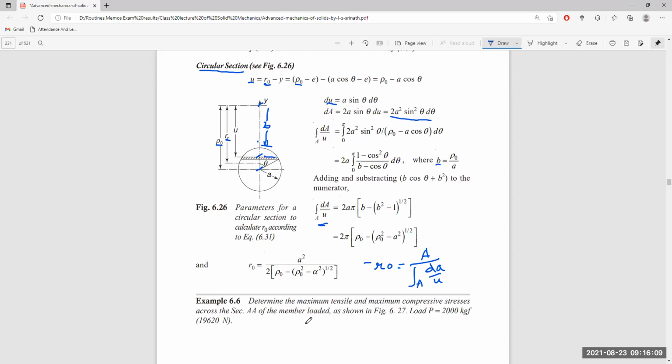Determine the maximum tensile and minimum compressive stresses across the section AA of the loaded member. The maximum tensile and maximum compressive stress we are supposed to calculate, and it is on the next page here.